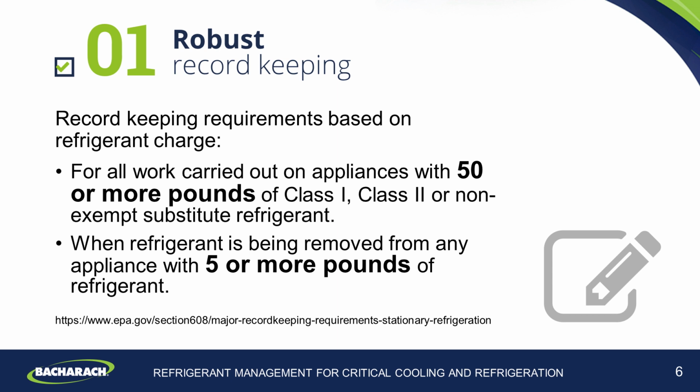Great, thank you, Adam. What type of records do we have to keep? So if the EPA come to inspect, they will ask you to be able to identify and locate all of your refrigeration equipment. You'll need to know what the full charge size is, any dates that any work was carried out, any parts or components of the equipment that were worked on, the type of work, was it a repair, and so forth, who carried it out, and if refrigerant is added, what refrigerant and how much.